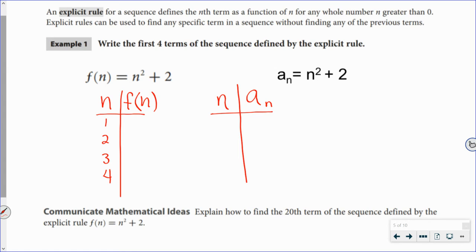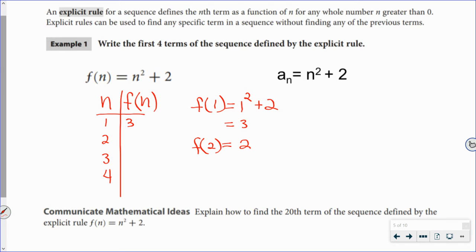For example, if n is 1, then it's 1 squared plus 2, which is 3. So my first one is 3. If it is 2, then it is 2 squared plus 2. So that's 4 plus 2, which is 6. If n is 3, then it is 3 squared plus 2.